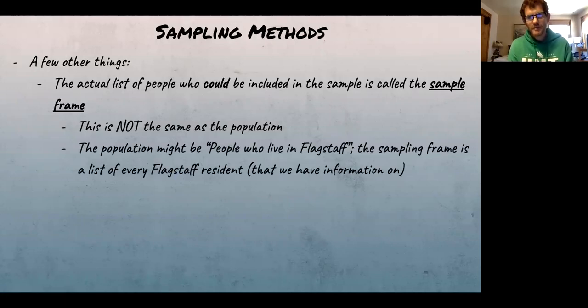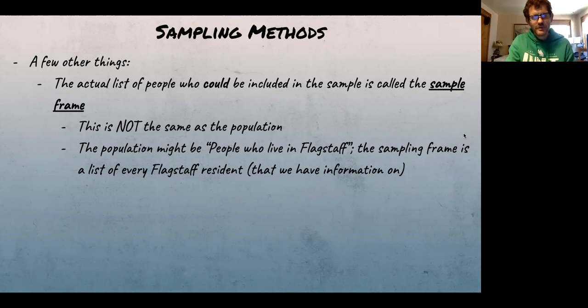If that was the population of interest for this problem or a different problem, the sampling frame is going to be an actual list of every Flagstaff resident. And it's those that we have information on. So we're going to have, hypothetically or realistically, a list of people who could be part of this survey. And those people make up the sampling frame.